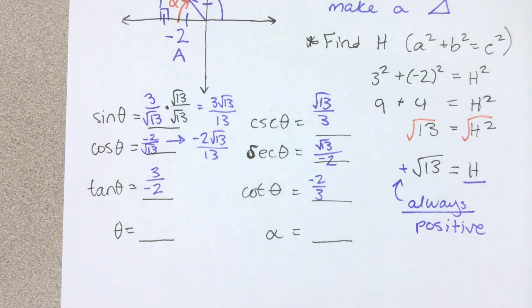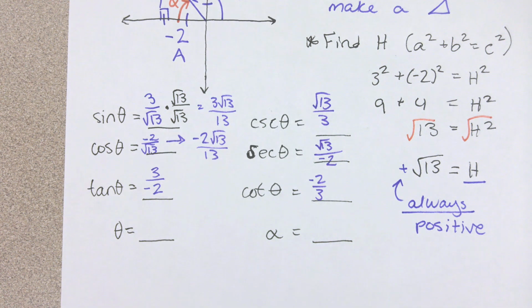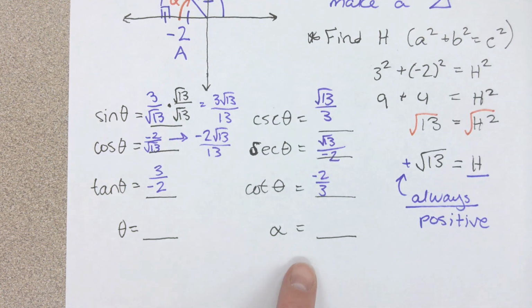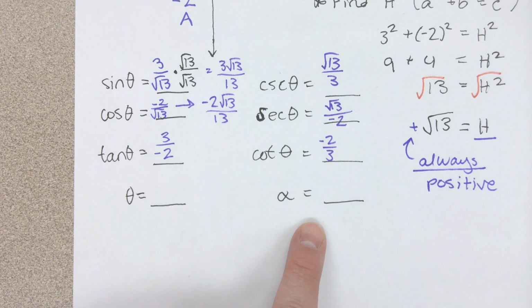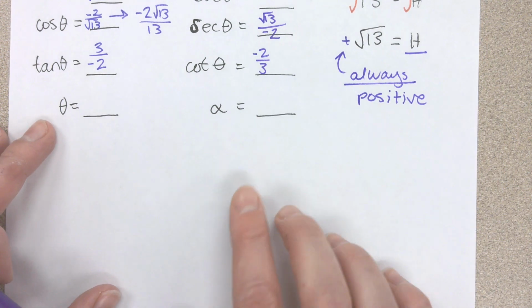Finally, we find theta and alpha. Just like the previous problems, we just need a trig function, and we take the inverse to find alpha, use alpha to find theta. This time we have all 6 trig functions. Of course, we can only use sine, cosine, or tangent. And reminder, alpha is always positive. So to make this a tad easier on yourself, choose the positive trig function to go with, just so you don't have to remember to take off the negative.